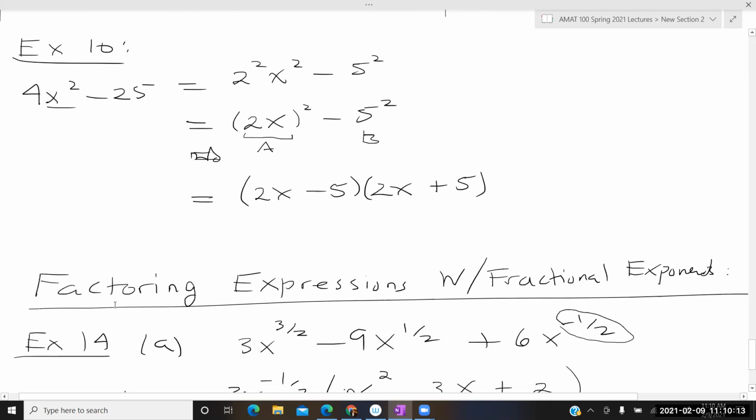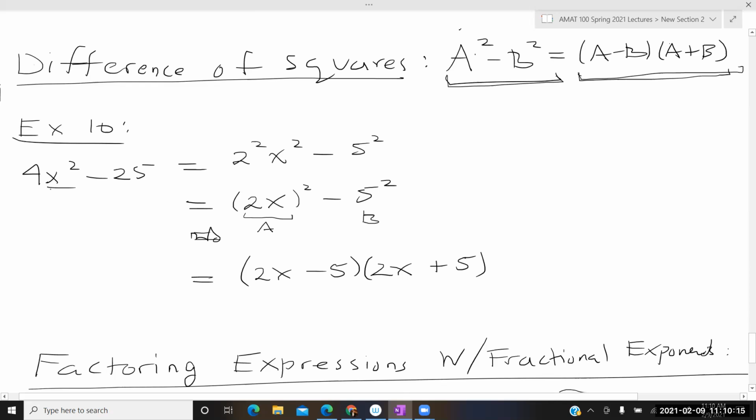And here's just an example illustrating how you do this. So we want something squared minus something squared. We don't quite have that. We have this x squared, which is a good start. But we should also note that this coefficient and this constant term can also be written as squares. 4 is the same as 2 squared, and 25 is the same as 5 squared.